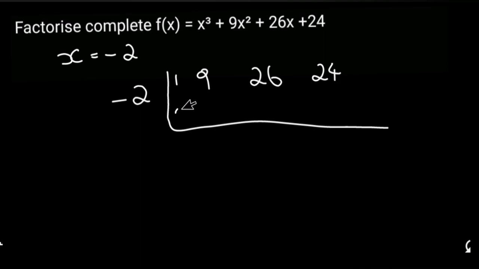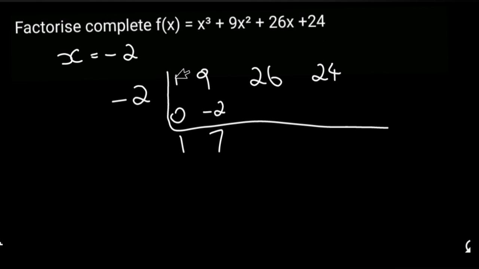Here you put 0, then you add: 1 plus 0, you get 1, and you multiply 1 times -2 and you get -2. 9 minus 2, you get +7, and then you multiply.